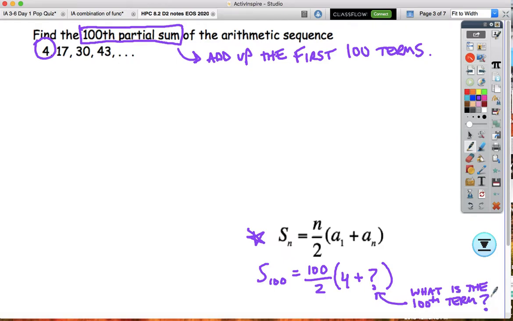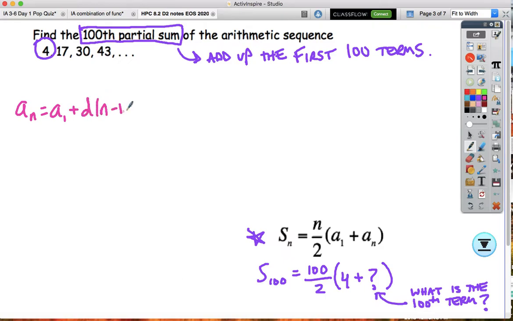It's not a 100, it's what number would go in the 100th spot if you were to list them all out. And again, I don't want to do that. So the faster way to figure out a specific term is to use the formula from yesterday.